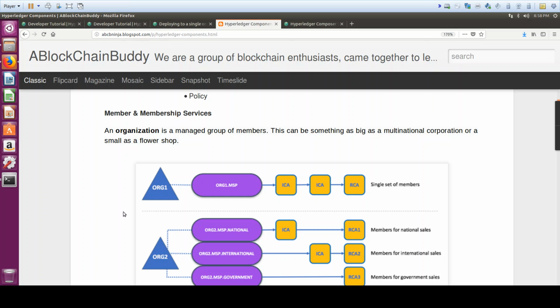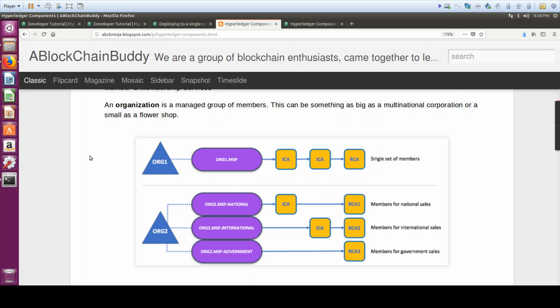An organization is a managed group of members. In the Hyperledger official tutorial, they have given a good example for that. This can be something as big as a multinational corporation or as small as a flower shop. So, a blockchain network can be formed with various members.